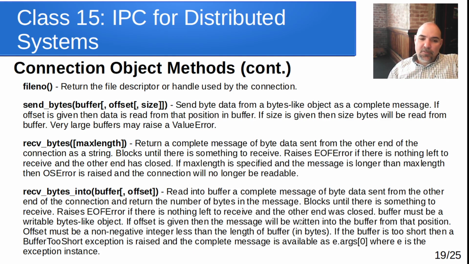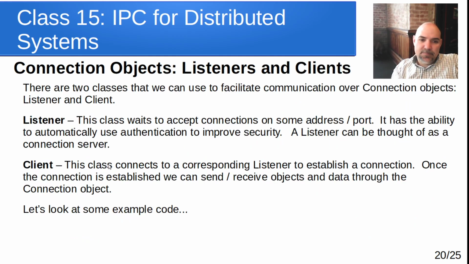There's also receive bytes into, which allows you to read bytes into some existing buffer array at some particular position. So you could read data in chunks into some sort of buffer if you wanted to, rather than having this return a single object.